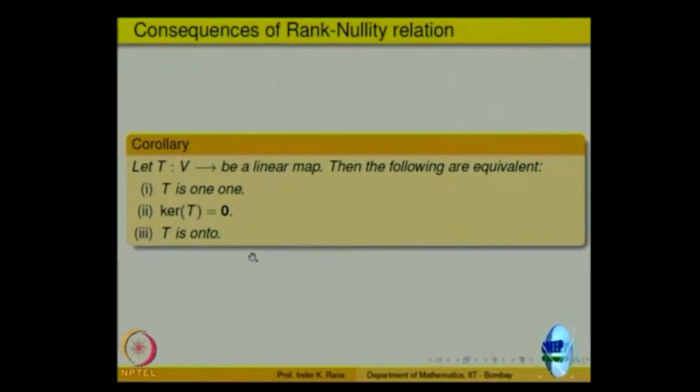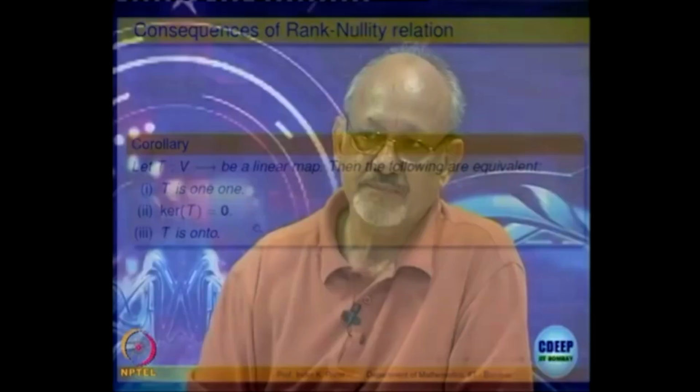If you have a function from one set to another, in general set theory, the function need not be 1-1, and it need not be onto, and there is no relation between a function being 1-1 and a function being onto. You can have functions which are 1-1 but not onto, functions which are onto but not 1-1, and both also.